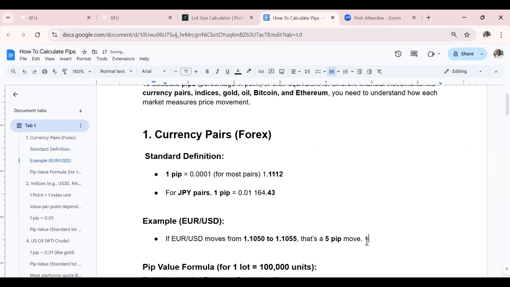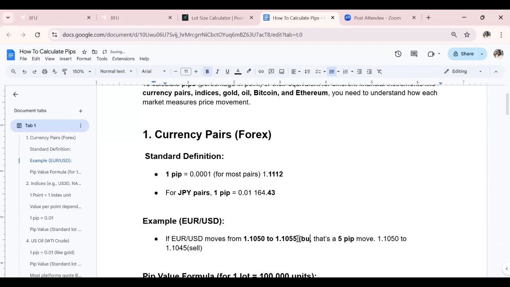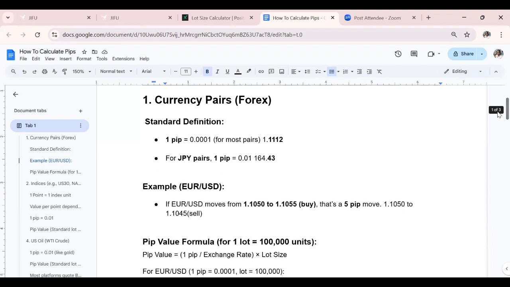And also, if it moved from 1.1050 to 1.1045, it's still the same 5 pip movement, in the down direction, on a sell. The other time it moved up on a buy. So that's a 5 pip movement.